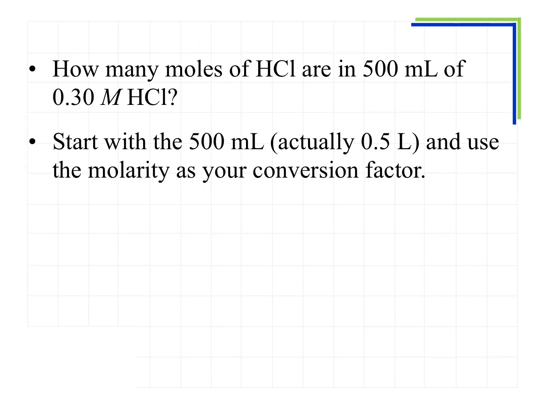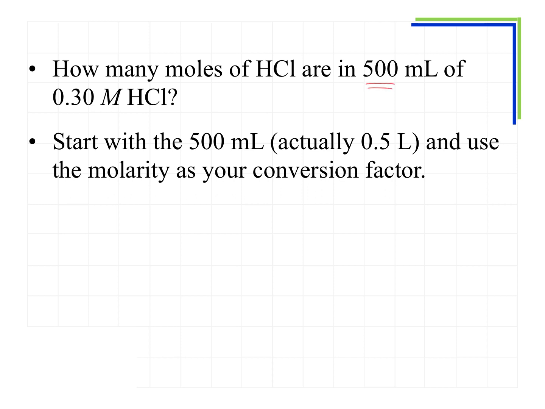So how do we do that? So let's see this example. How many moles of HCl are in 500 milliliter of 0.3 molar HCl? And that's how we say 0.3 molar HCl. Okay. So first of all, we have to know that it should be mole over liter, right?